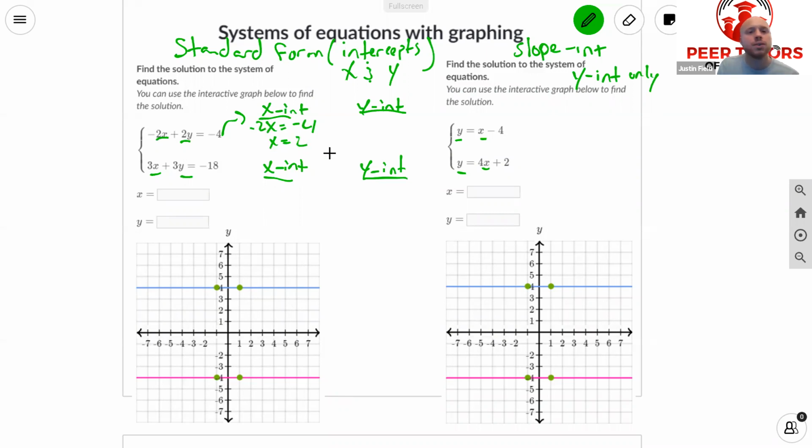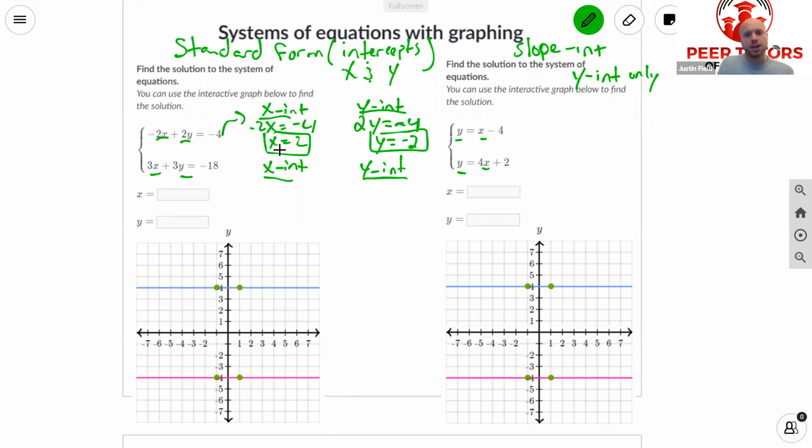Now, for the y-intercept, we take the y term, that's 2y, we set that equal to negative 4. All right. So if you divide both sides by 2, you end up with y equals negative 2. So those are my intercepts for my first line.